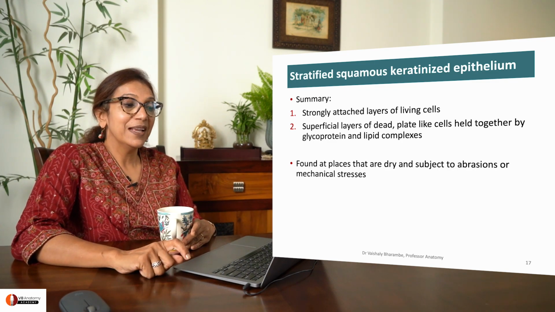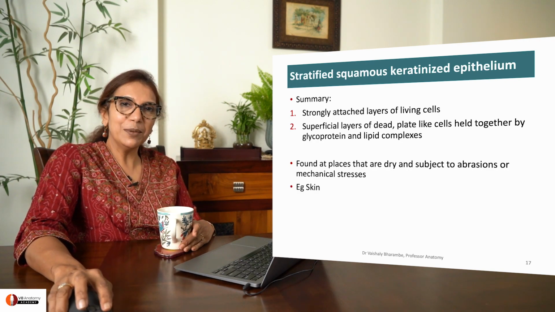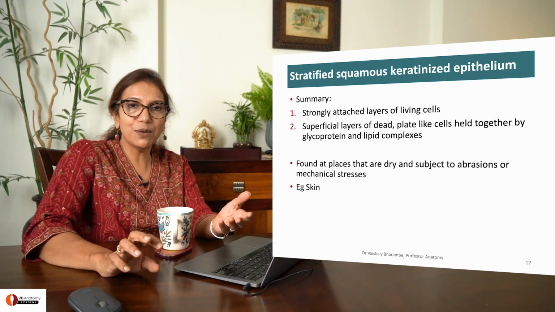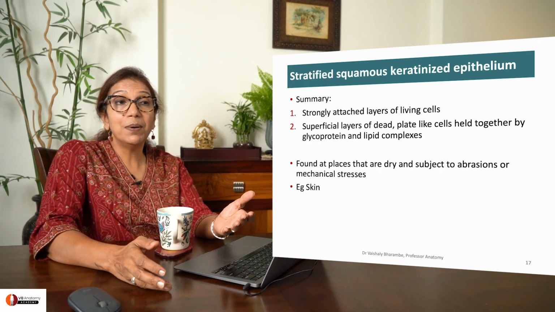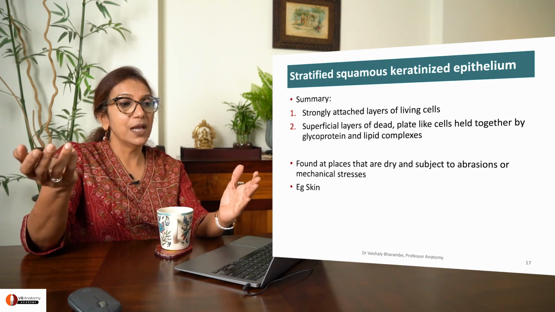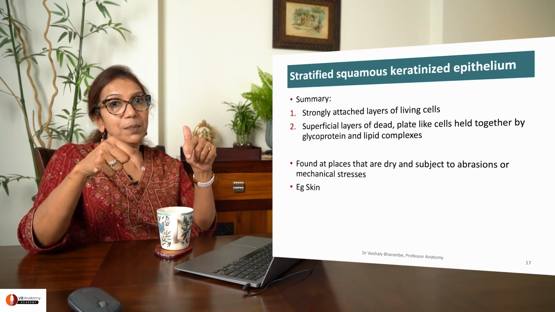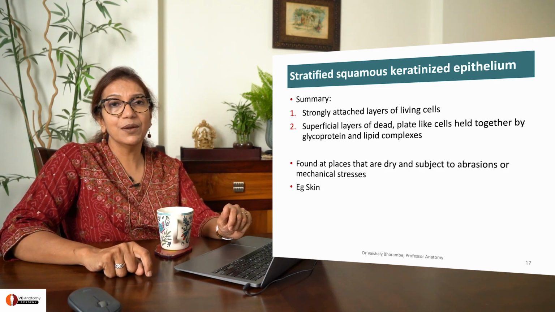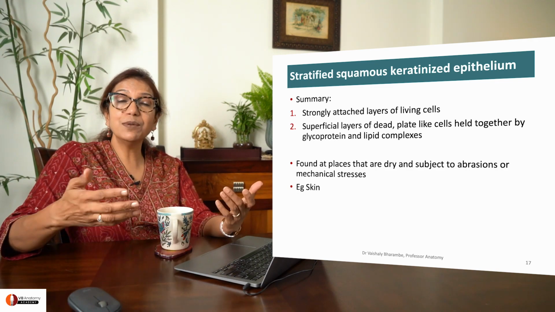Got it? Now let's understand a little bit more. You know that epithelium of skin is stratified squamous keratinized. But number of keratin layers will be variable. In your palm or in the plantar aspect of your foot, you have a nice thick keratin. Why? Because more friction.